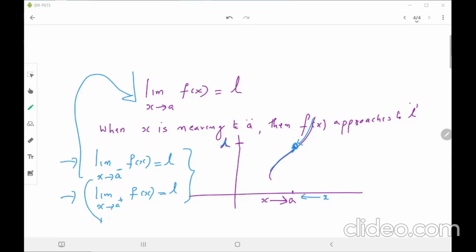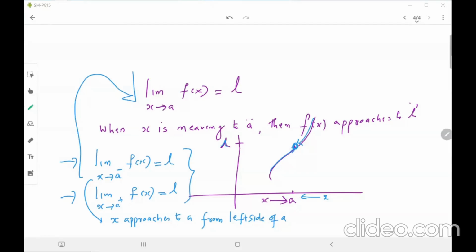X tends to A means x approaches A from the left side of A. That is the meaning of A minus, because I write the minus on the top of A. Right? A plus means approaches A from this side.